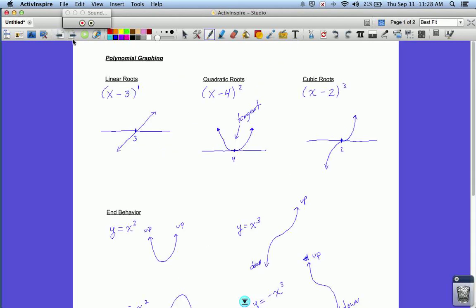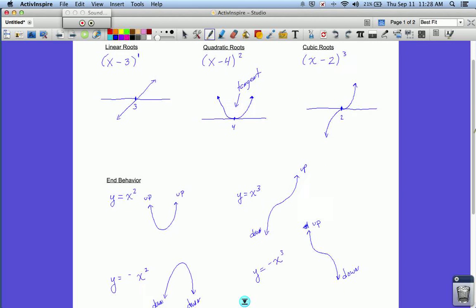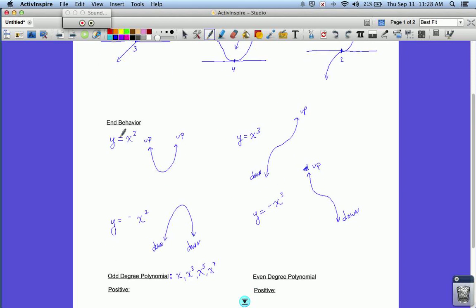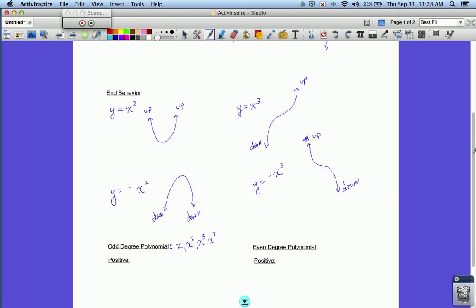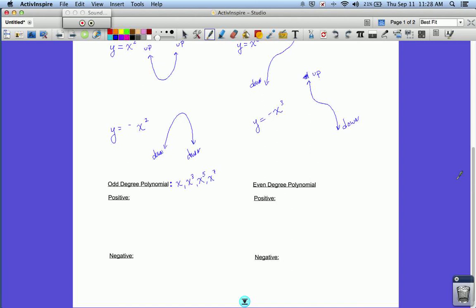Forward and backwards, and now all that stuff has reappeared. Equal sign, equal sign. Very annoying, but it is what it is. All right, odd degree polynomial, first power, third power, fifth power, seventh power. Just like x cubed behaves, if it's positive, it's going to start down and finish up. If it's negative, it'll start up and finish down.